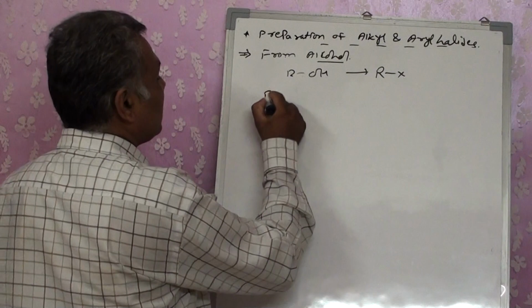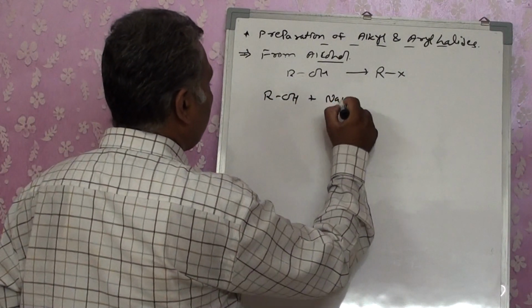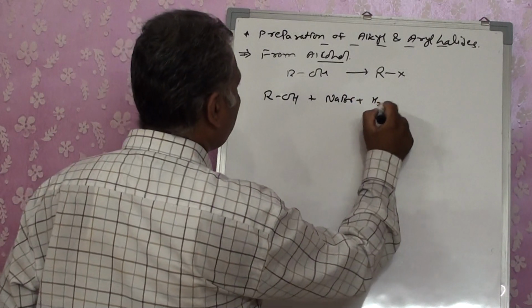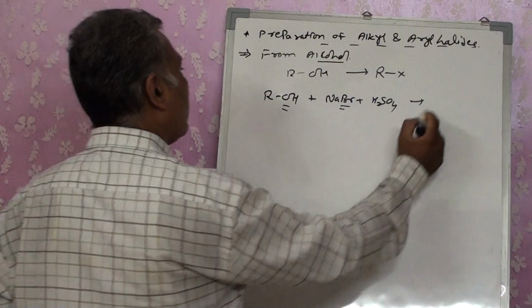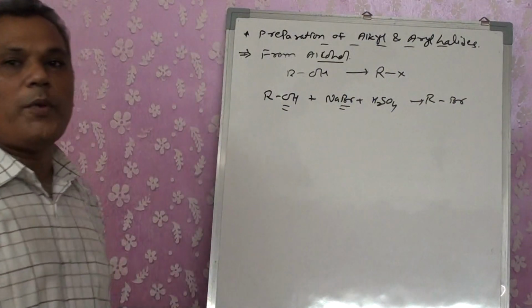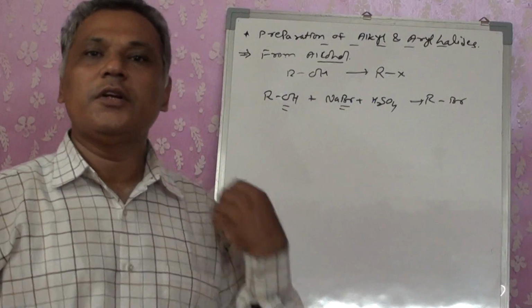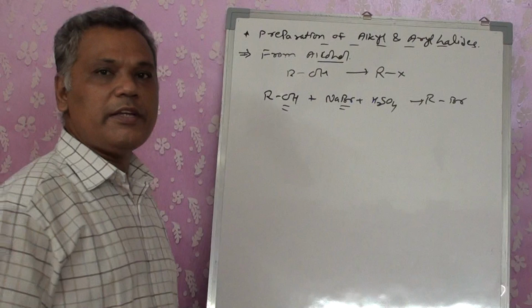So we can say that if ROH is reacted with NaBr in presence of H2SO4, then OH is replaced by Br. Here there is no problem at all for primary, secondary, tertiary. Any of the alcohols goes for the reaction very easily.